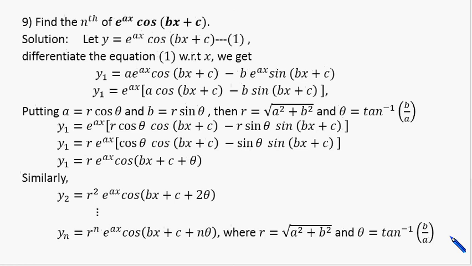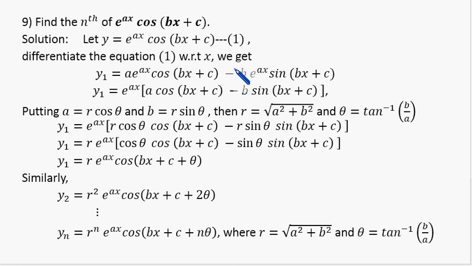Similarly, find the nth order derivative of e power ax into cos of bx plus c. Let y is equal to e power ax into cos of bx plus c. Differentiating the above equation with respect to x, we get y1 is equal to, here we are using the product rule, that is a into e power ax into cos of bx plus c minus, the derivative of cos is minus, and for bx plus c the derivative is b.